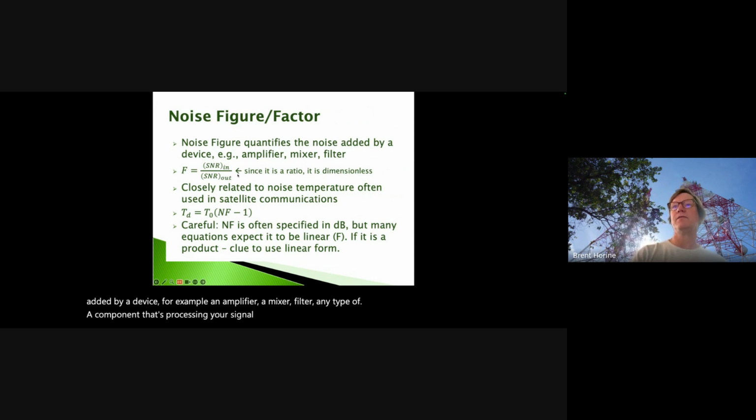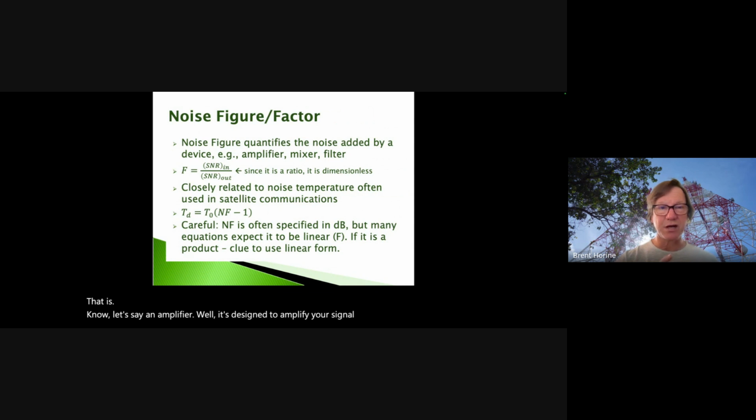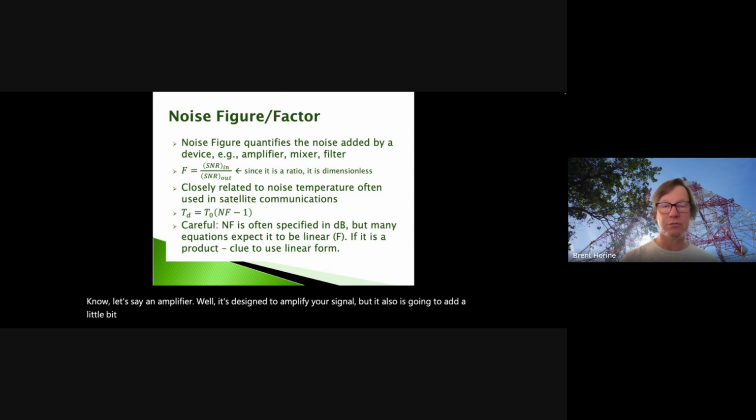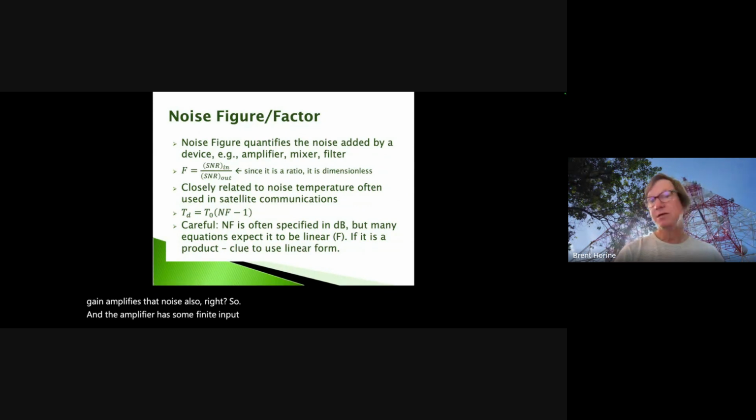Let's say an amplifier. Well, it's designed to amplify your signal, but it also is going to add a little bit of noise to your signal, right? And then if that noise is added at the input, then the amplifier gain amplifies that noise also, right? And the amplifier has some finite input resistance, so it's going to have some noise generated in that.